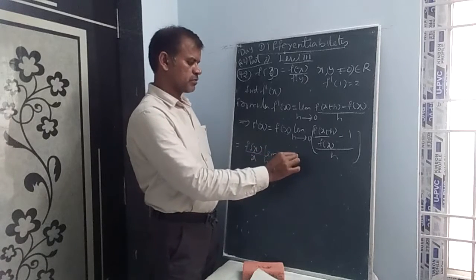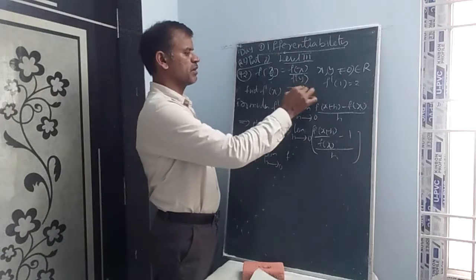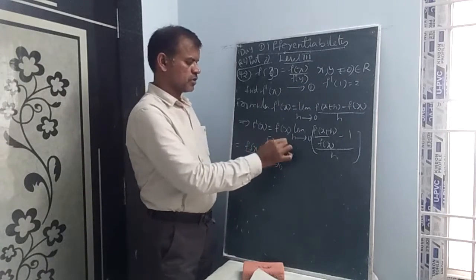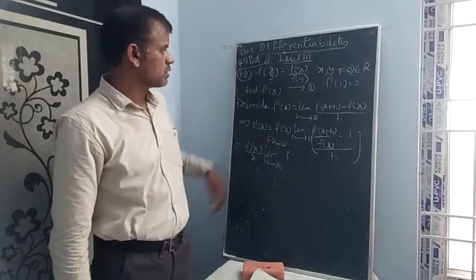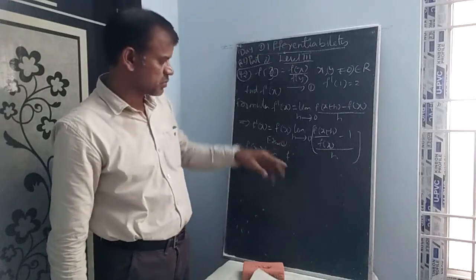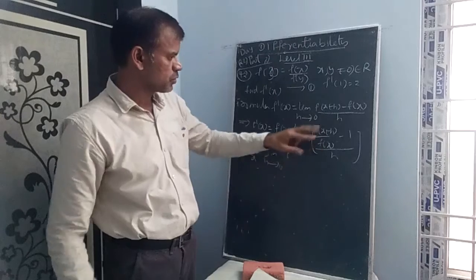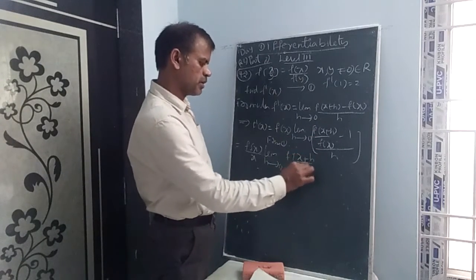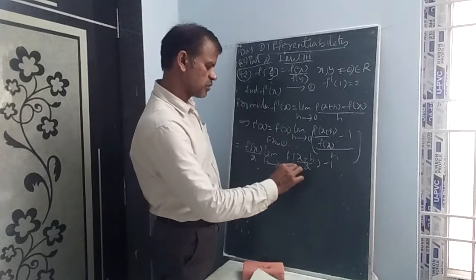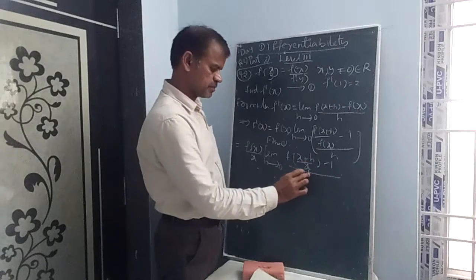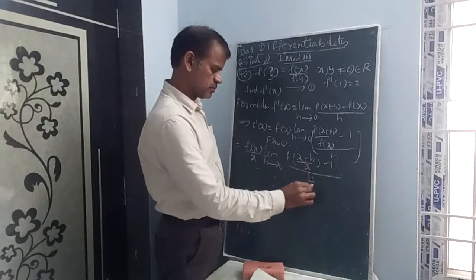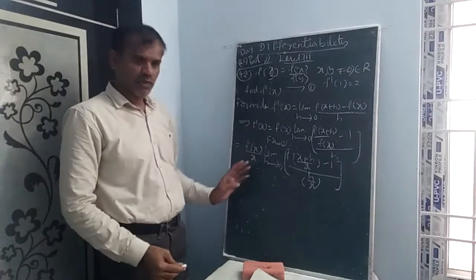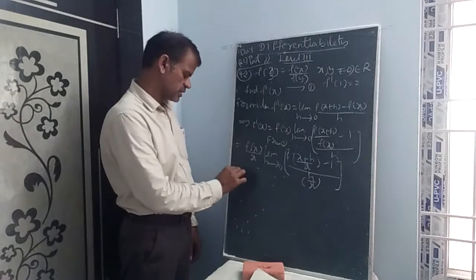Next, this can be understood using condition 1. f of x by y is equal to f of x by f of y. So this can be written as f of x plus h whole by x minus 1, whole by h, multiplying and dividing by x.